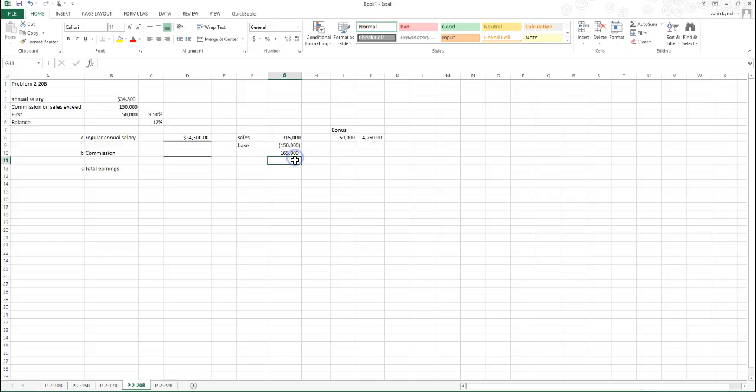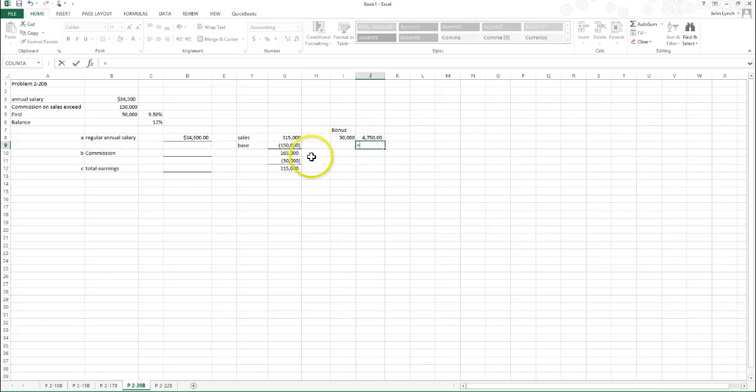Then we take over here, we subtract off the 50,000 because that's the bonus that they have. So then that means 115,000 will be at the 12%.